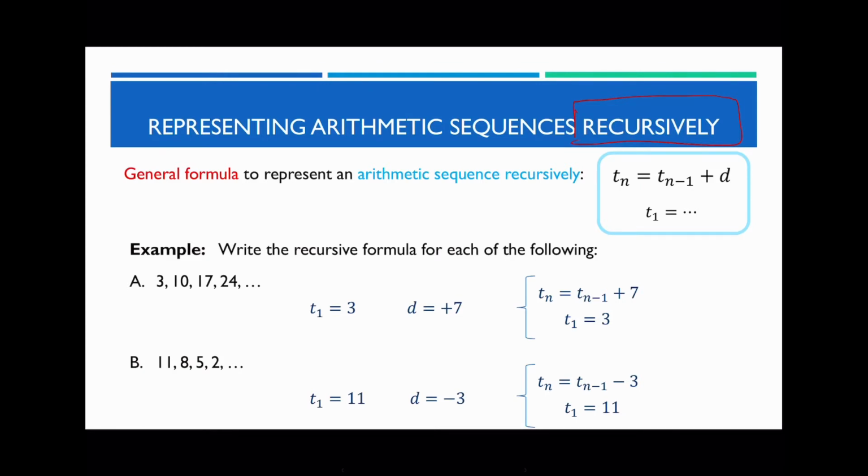To find all the other terms in the arithmetic sequence, we just keep repeating by adding the common difference, and that's what this general formula shows. Here, the first term is 3, and to get all the other terms we add the common difference, which is 7, and therefore to represent this in a recurrence relationship, this is our answer.